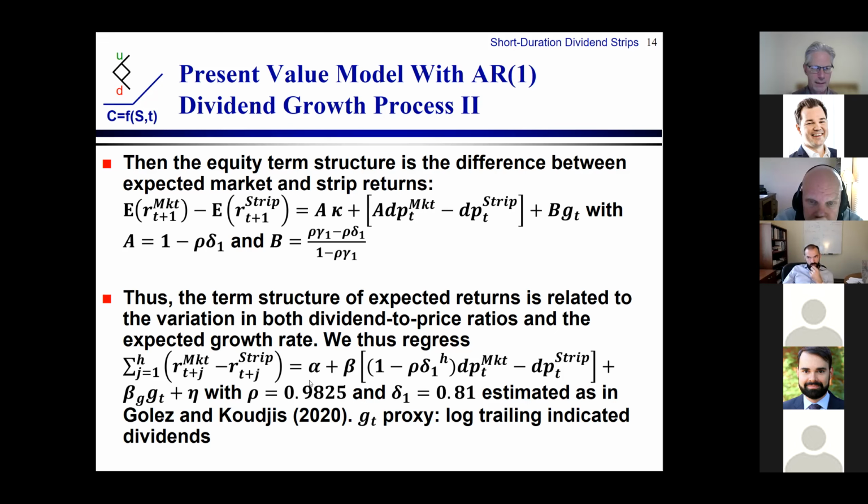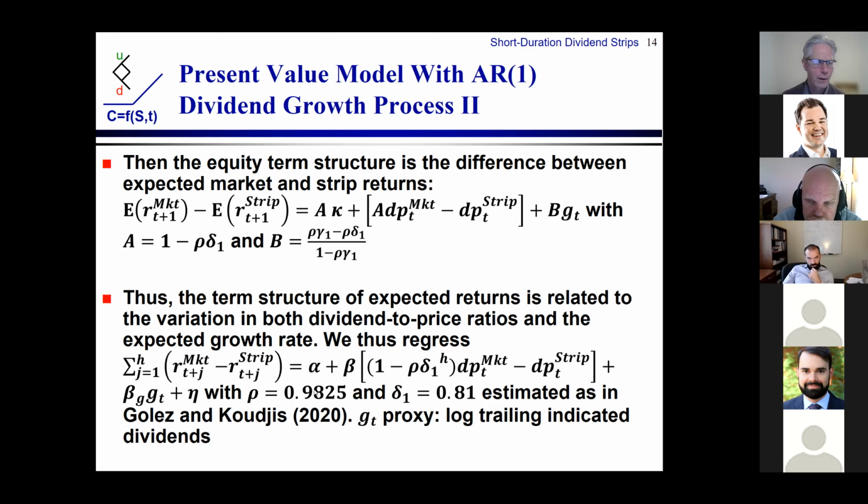We are estimating a constant part. This is this coefficient up here. We are using the difference in the DP ratios. We are using also the adjusted difference in the DP ratio, because the market DP ratio needs to have this adjustment factor. So we can try that one.